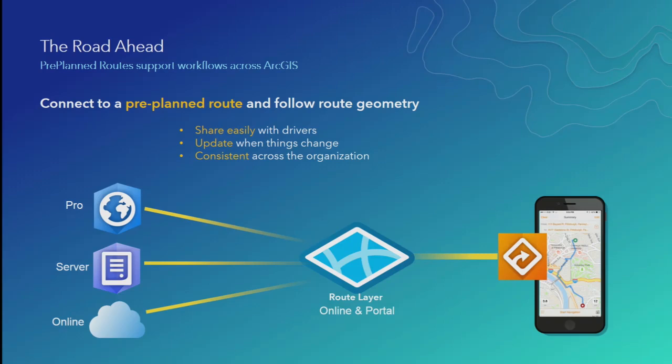Vehicle route problem, optimized route, closest facility. How do I get that optimization into the hands of the field workers? Well, we're going to be able to enable Navigator to connect to a route item that is stored from online, from Pro, from the server network analysis tools.